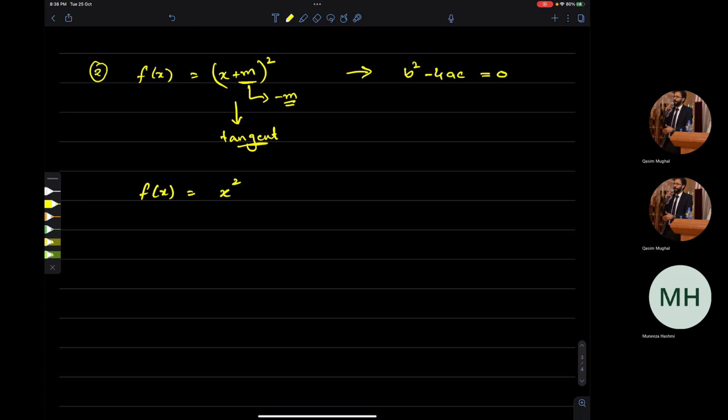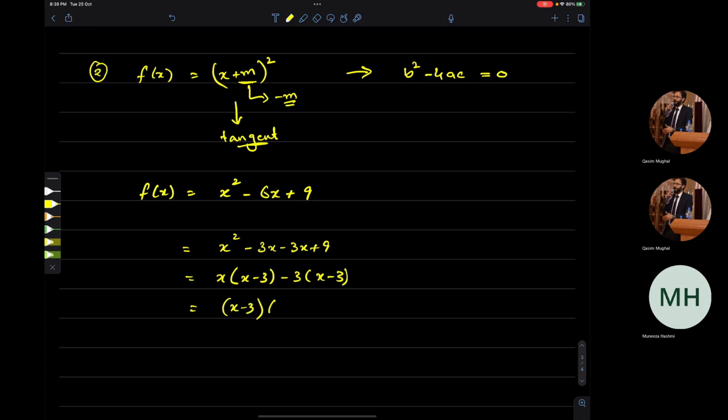x squared minus 6x plus 9. Now, if you factorize this, you will get x minus 3 times x minus 3, which is x minus 3 whole squared.